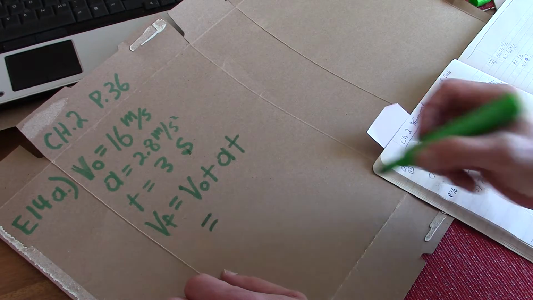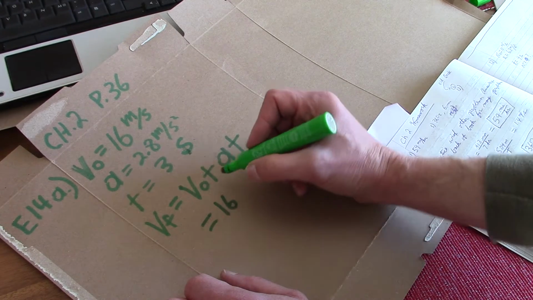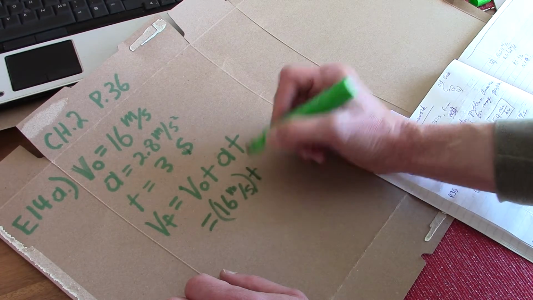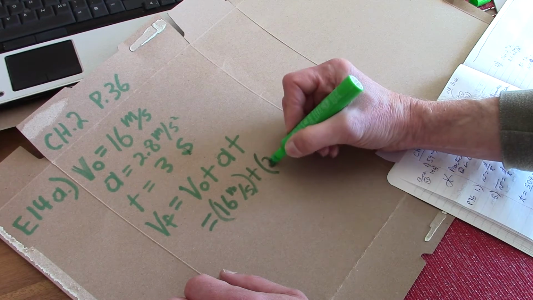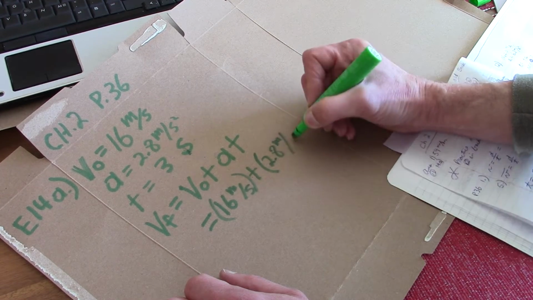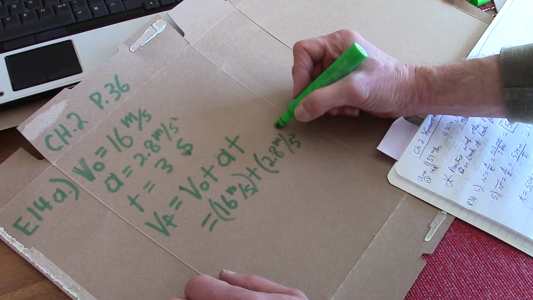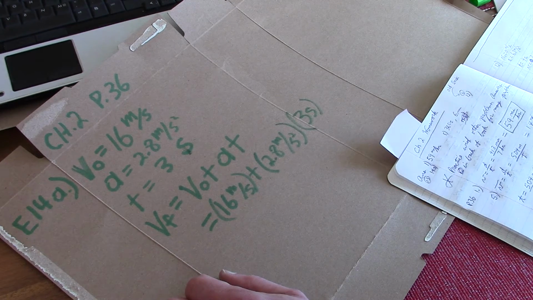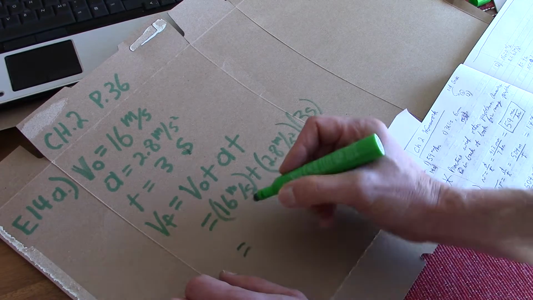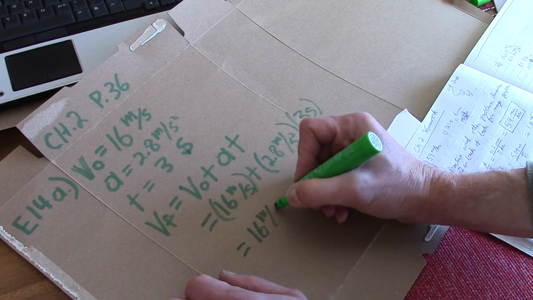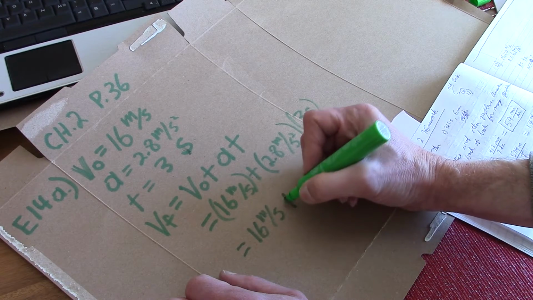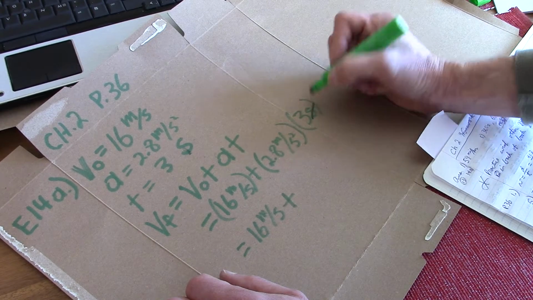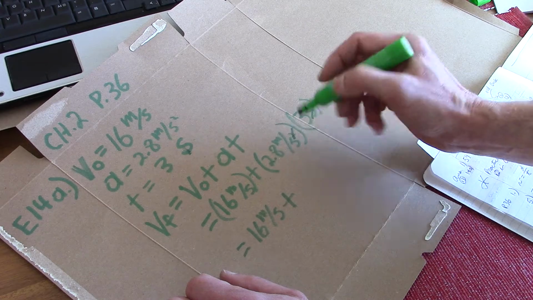So that's going to be 16 meters per second plus 2.8 meters per second squared times 3 seconds equals, so we have our original 16 meters per second plus, so this second here cancels out with the squared, so all we're left with is meters per second.